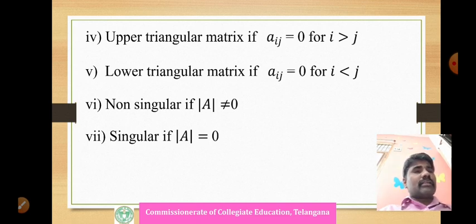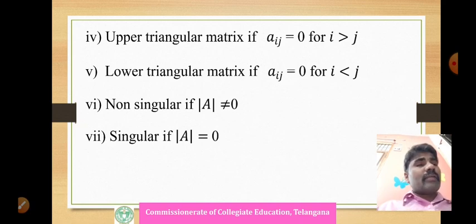They may or may not be 0. We don't know. I only say that the elements below the principal diagonal must be zeros.